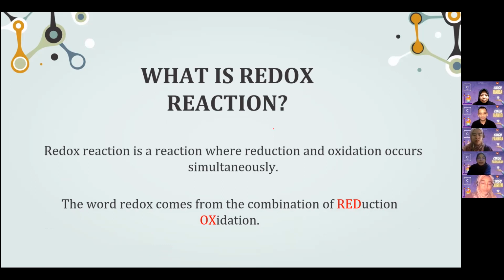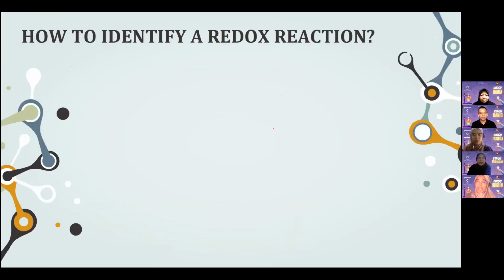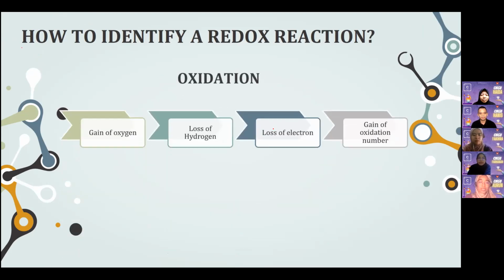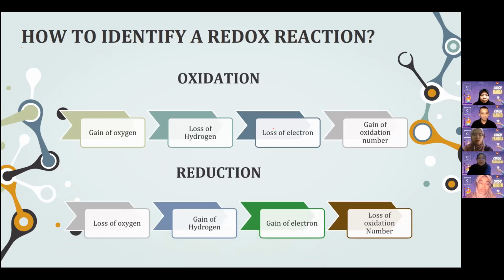Okay, so how do we actually identify a redox reaction? There are actually 4 ways for us to identify a redox reaction. In oxidation, there is a gain of oxygen, loss of hydrogen, loss of electron, and also gain of oxidation number. Whereas reduction is the opposite of oxidation, so in reduction, there is going to be loss of oxygen, gain of hydrogen, gain of electron, and also loss of oxidation number.